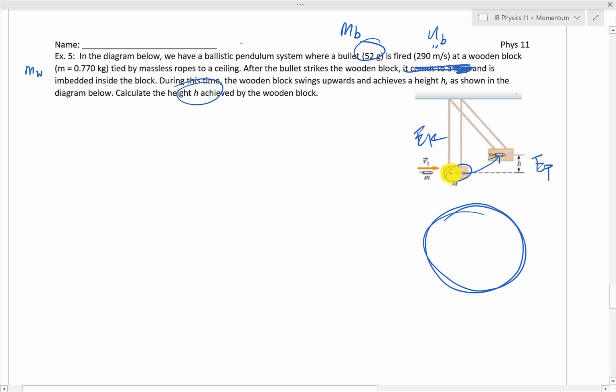First of all, when the bullet enters this block, a lot of that energy is going to be lost in the form of thermal energy, because you might have the bullet rubbing against the insides of the block, where there's a lot of friction energy involved, and it might compress the block, and there's sound energy involved.